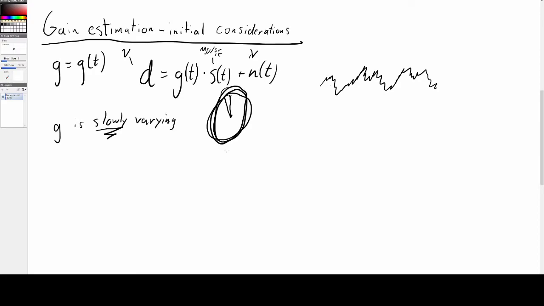And each of these scans took about an hour each. So we assumed that the gain could not vary on scales shorter than an hour. And this helps break the degeneracy here, because the noise is typically fluctuating at a scale that is comparable to the sampling rate of the instrument, which is obviously a lot faster than an hour.